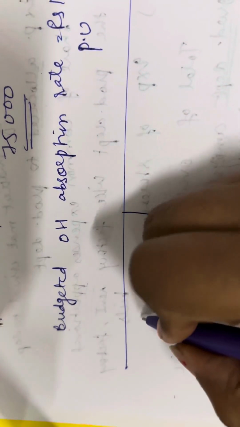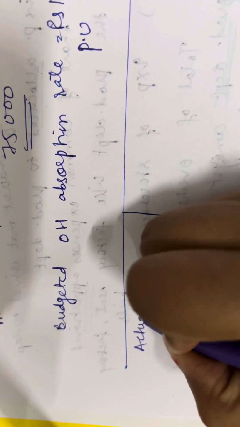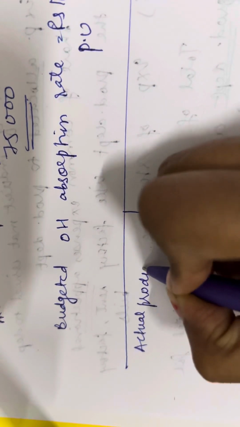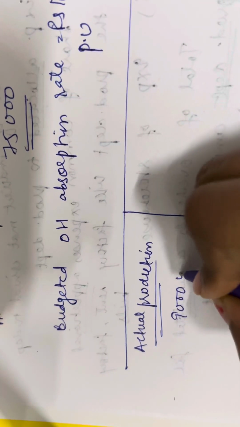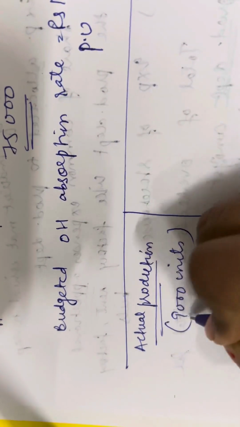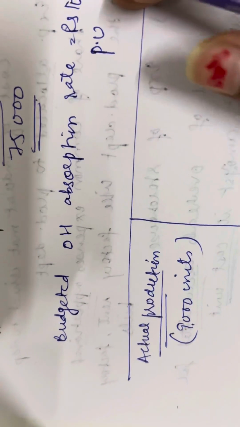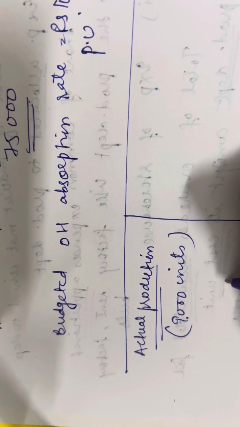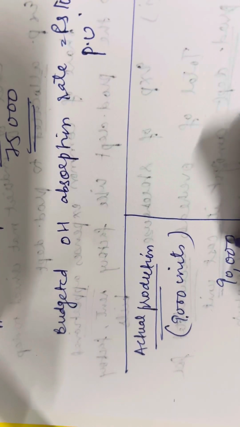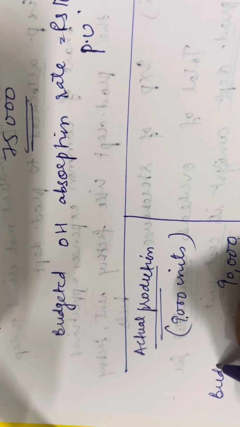Let us assume the actual production is 9,000 units, and according to the budgeted absorption rate of rupees 10 per unit, our absorbed cost would be 90,000.